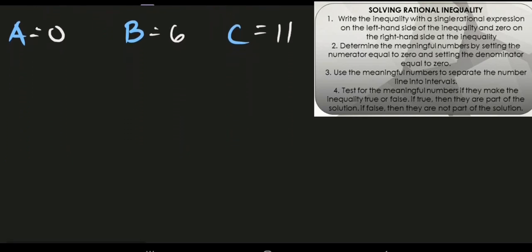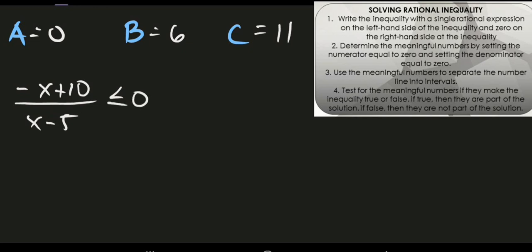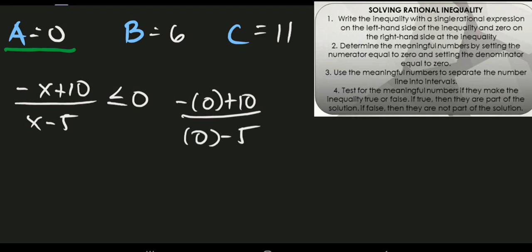So let's use our original expression or our modified expression: negative x plus 10 all over x minus 5, and that is less than or equal to 0. If the value of x is equal to 0, our first interval, that means it will give us negative 0 plus 10 all over 0 minus 5. So just simplify.